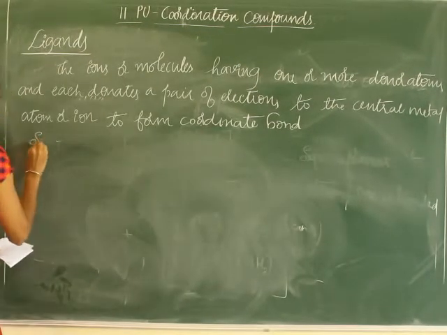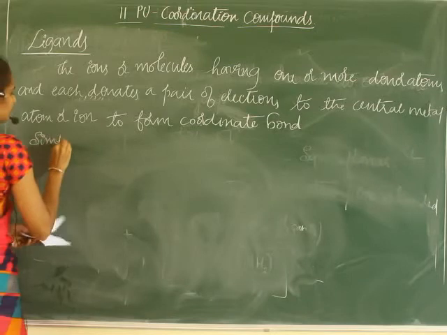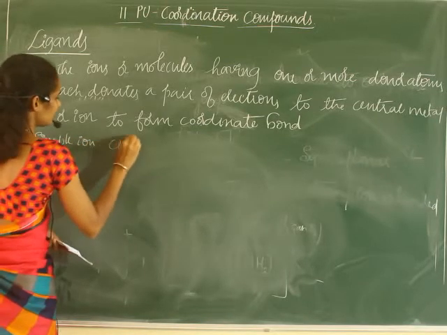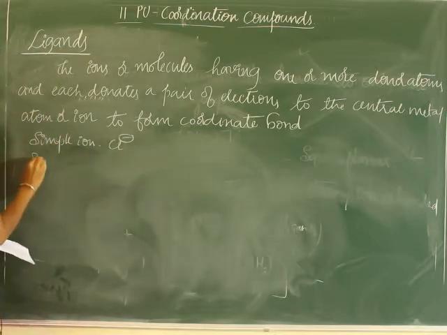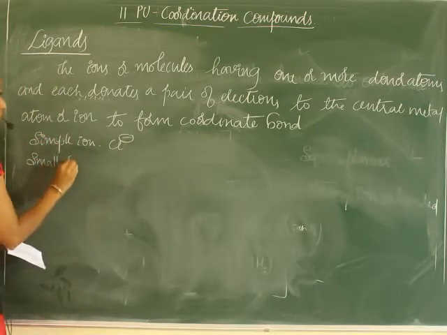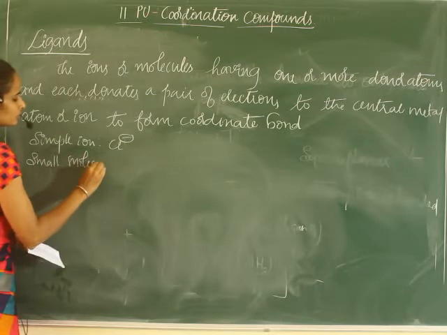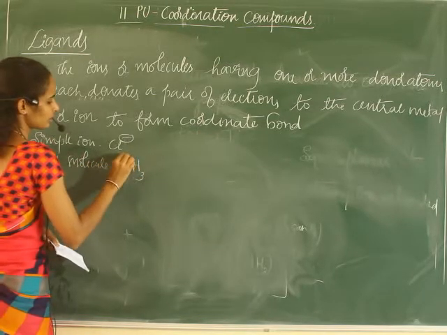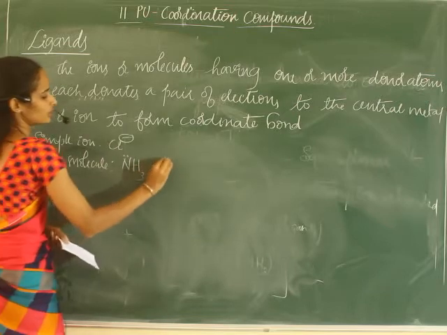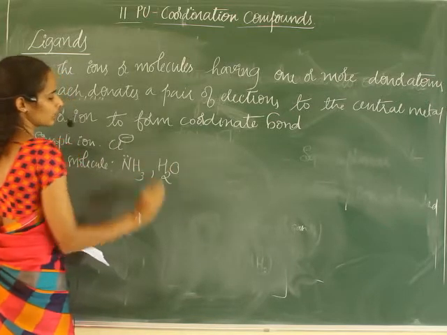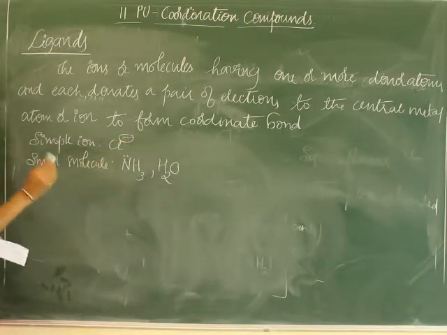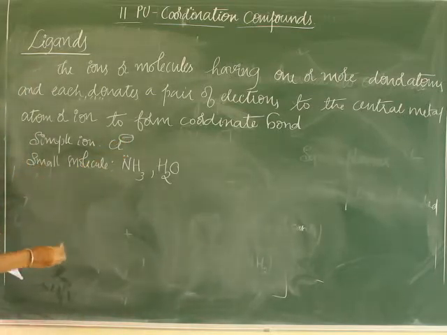A ligand may be a simple ion like Cl minus, or a small molecule like NH3, ammonia. It can donate electrons. Or water, through oxygen it can donate an electron. Cl minus has excess electrons in the chloride ion.